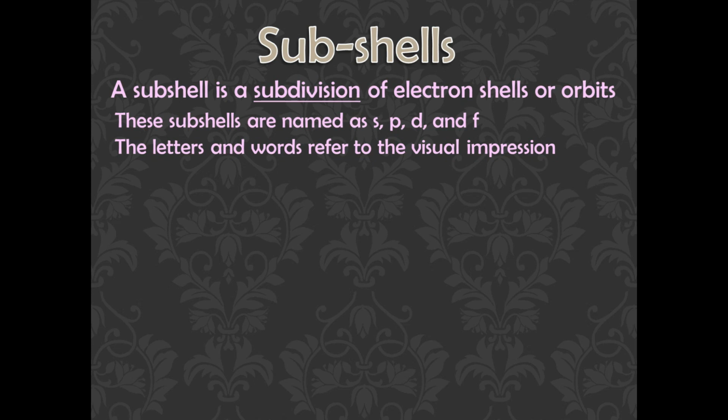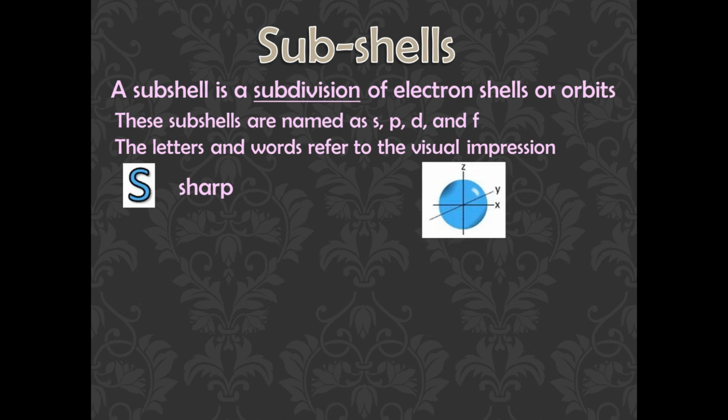For example, the first subshell is the S subshell, which stands for sharp, and the shape of the S subshell is like this. The second subshell is the P subshell, which stands for principal, and the shape of the P subshell is like this.